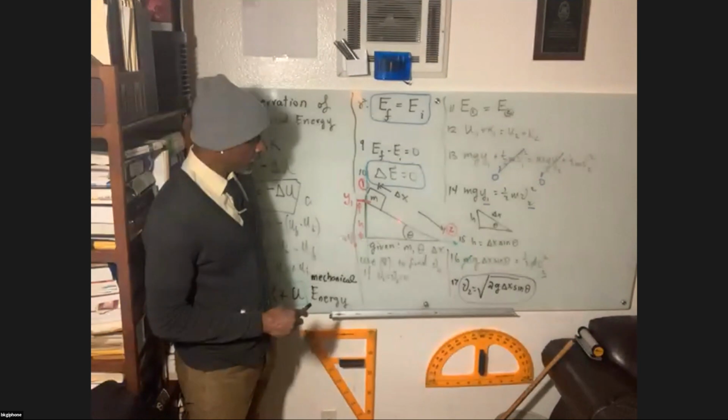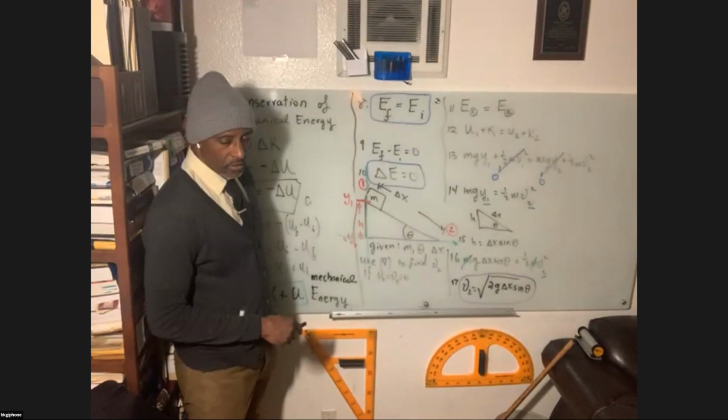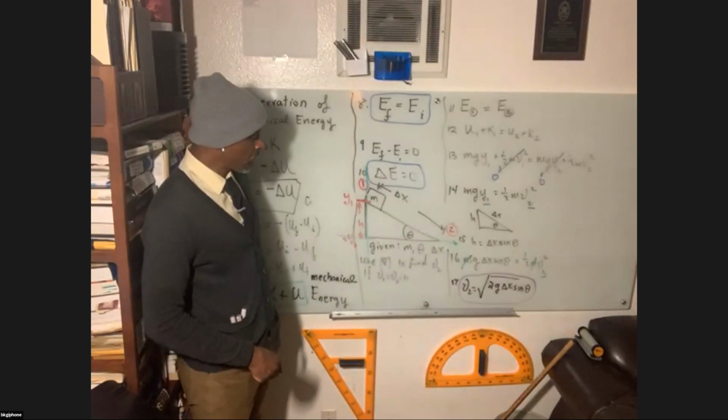If the mass moves from the top to the bottom, would it be greater than the velocity we just found? If you add friction, you think it's going to be greater? Yes. Okay. Let's stick to it. Somebody want to comment on that?